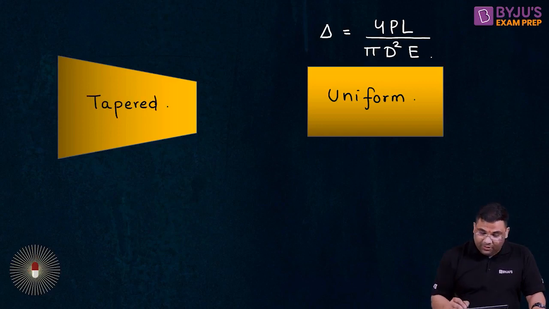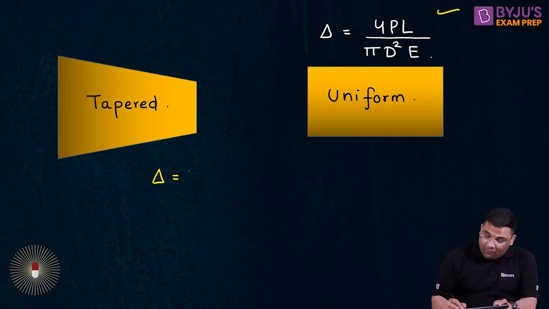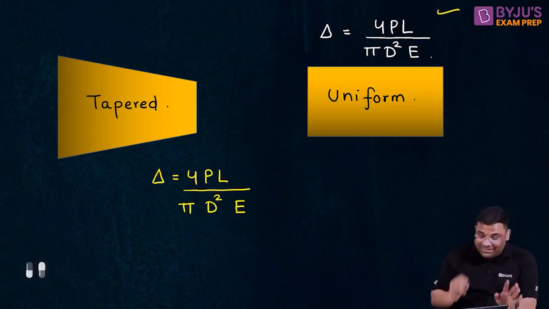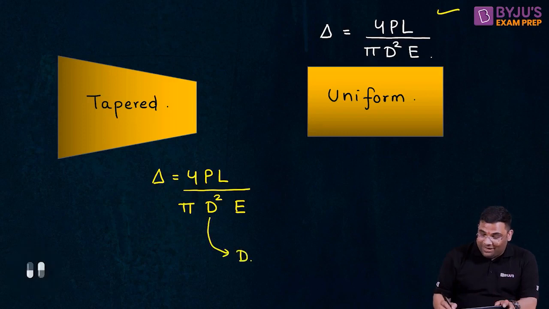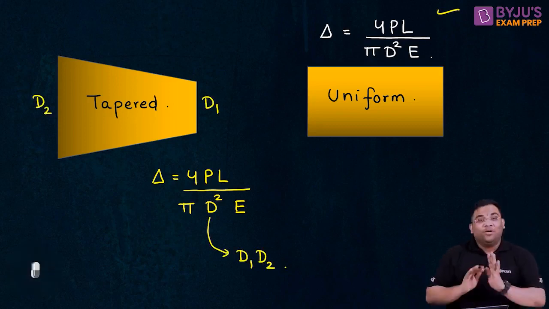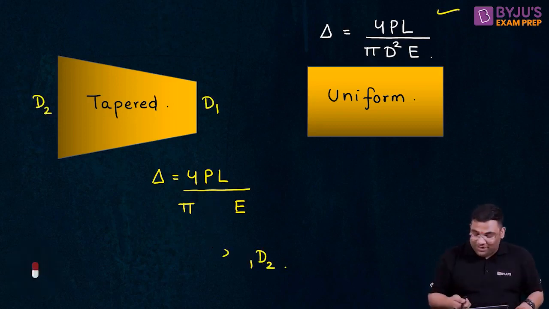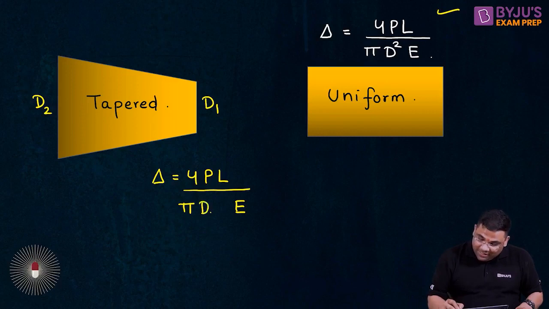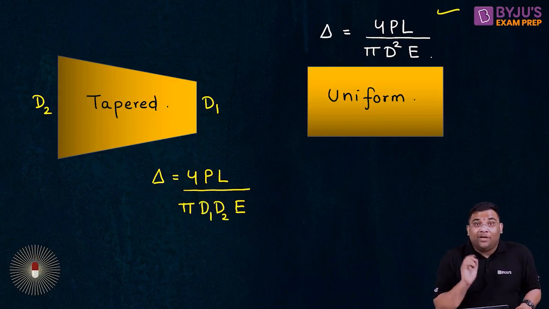Write down the expression. The expression is the same as this, 4PL by pi D square into E, but in place of this D square, write D1 D2. Very simple. You got your expression for deformation in a tapered bar due to axial load.